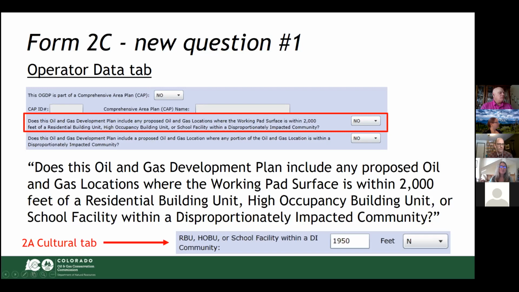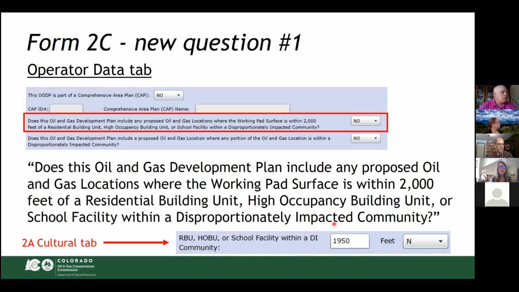You're going to need to look at every 2A that is associated with this OGDP, go to the cultural tab and look at the very last question in the first part of the cultural tab, the data field that asks, what is the distance to the nearest residential building unit, high occupancy building unit, or school facility within a DI community?